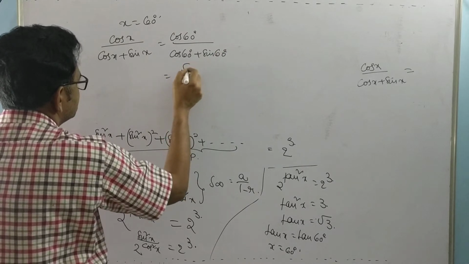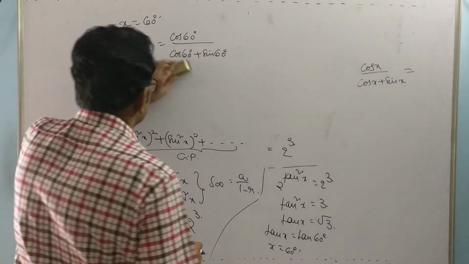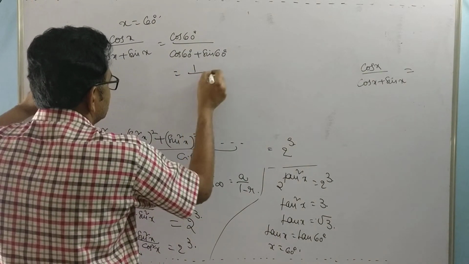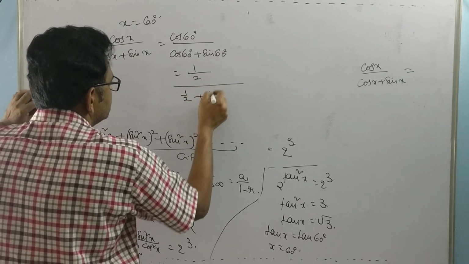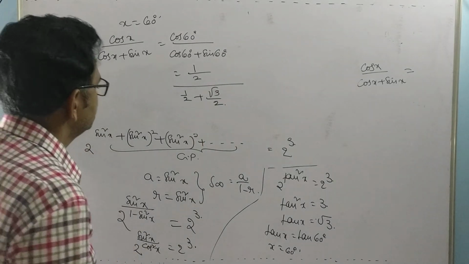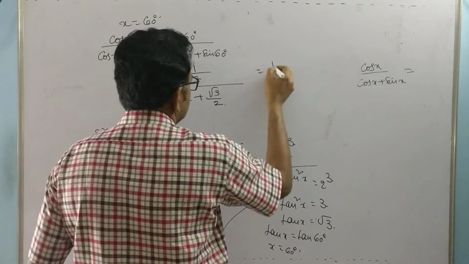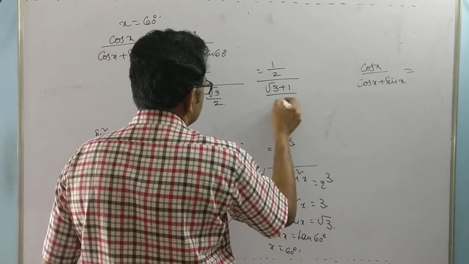Cos 60 is 1 by 2, so cos 60 equal to 1 by 2 by 1 by 2 plus root 3 by 2, since sin 60 is root 3 by 2. So that is equal to 1 by 2 by root 3 plus 1 by 2.